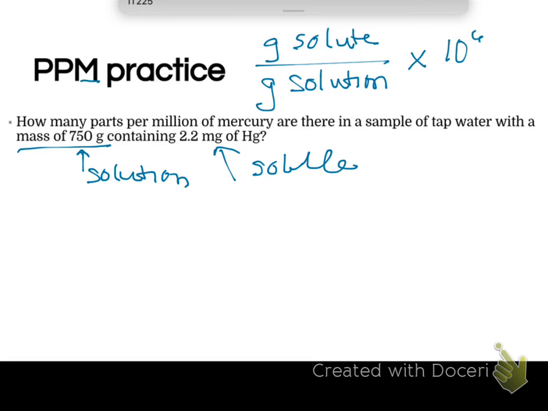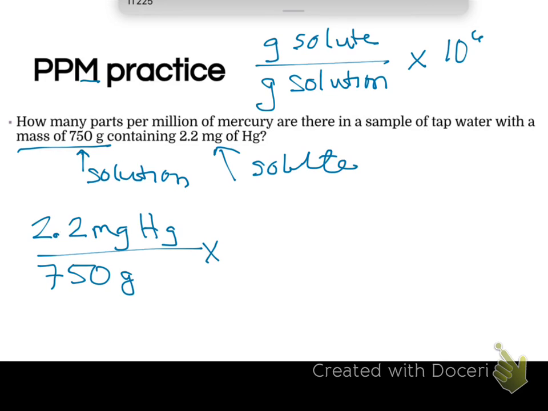It's very small. Milligrams are way smaller than grams. Now, if I do this with milligrams, that's a problem because they don't cancel. I need these units to cancel in order to plug them into our equation.